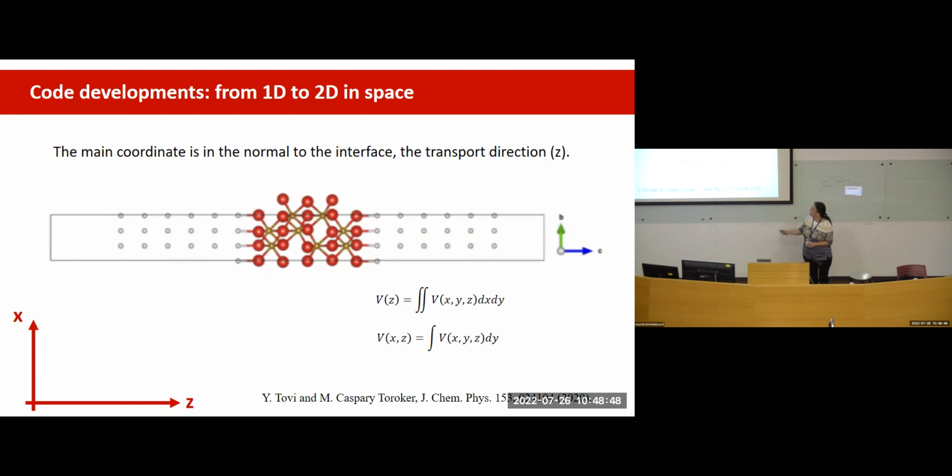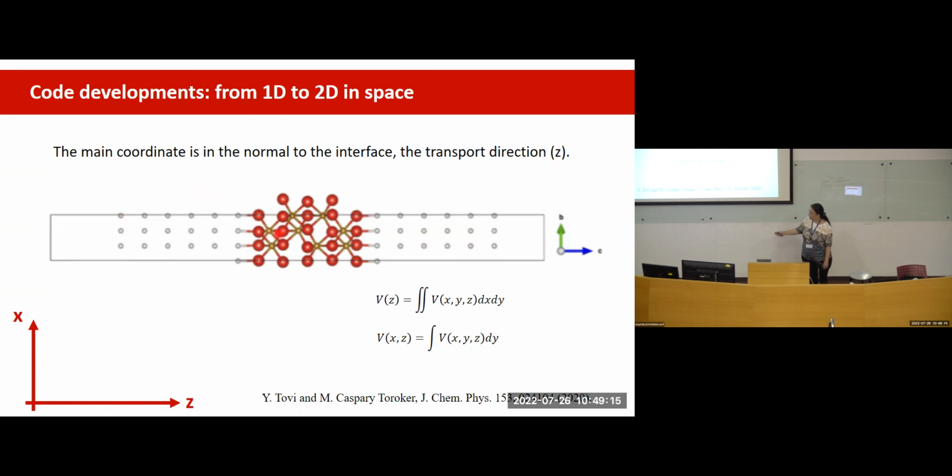But the structure of the material, the bonding, the octahedra connection, and the coordination of each atom could affect charge transport probability. As a result, we did some generalization to the code and didn't use a one-dimensional potential energy, but a two-dimensional potential energy.